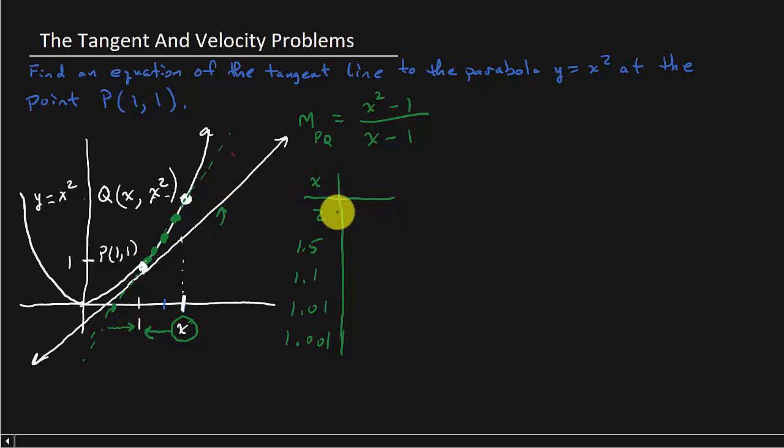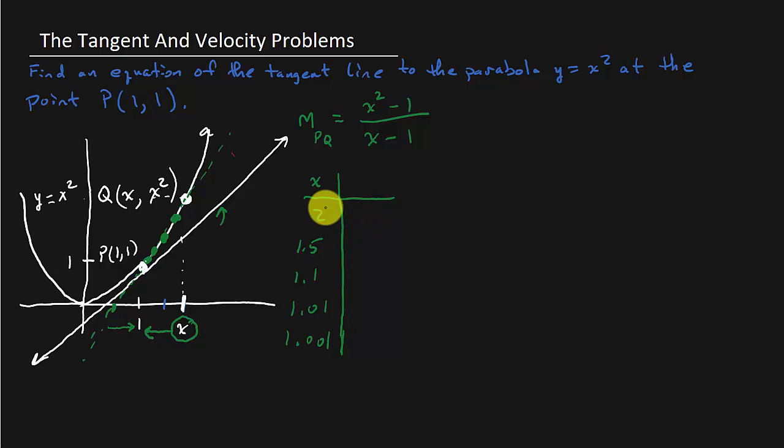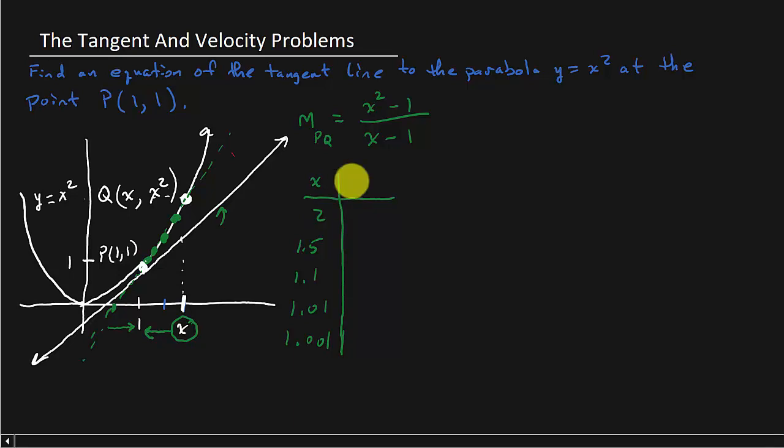So these x values that I'm choosing, they're not going to be y values. I'm interested in the slope of the line. So I want to calculate the slope. So what I have to do is take each one of these values here and plug them into here to get the slope.